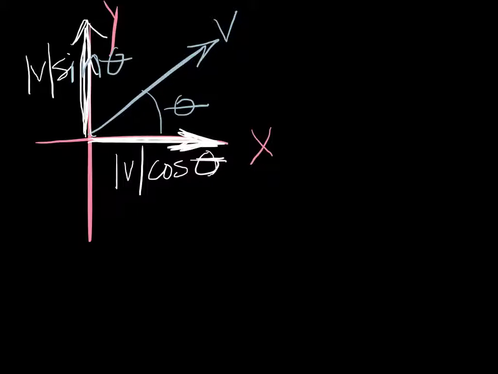Okay. This is called resolving the vector. If vector v has direction angle theta, the components of v can be computed using a formula, so I'm going to write this formula down.